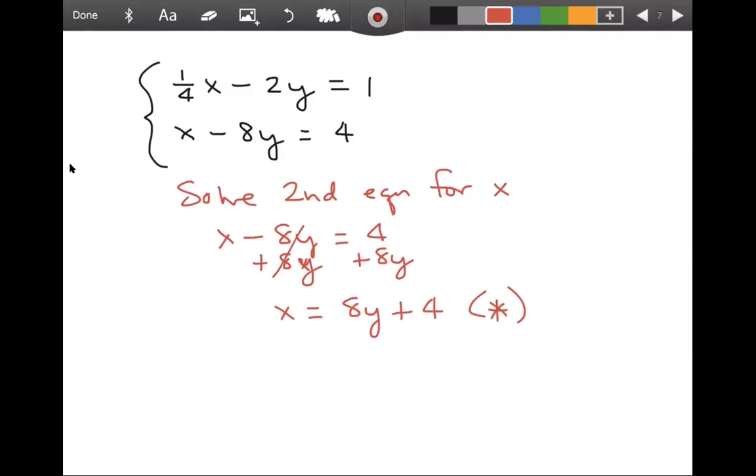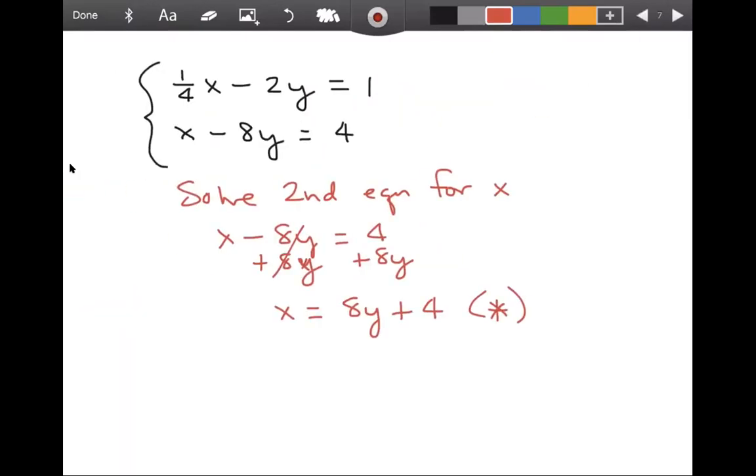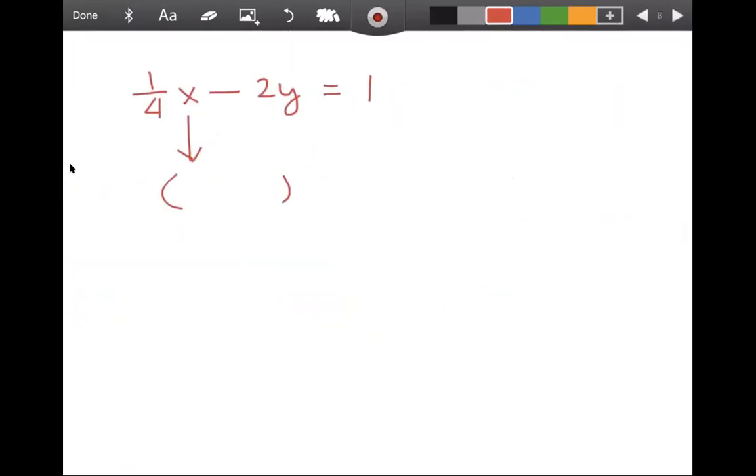So the first equation is 1/4 x minus 2y equals 1. We're going to substitute 8y plus 4 for x. I'm glad I double checked because I almost said 8y minus 4.